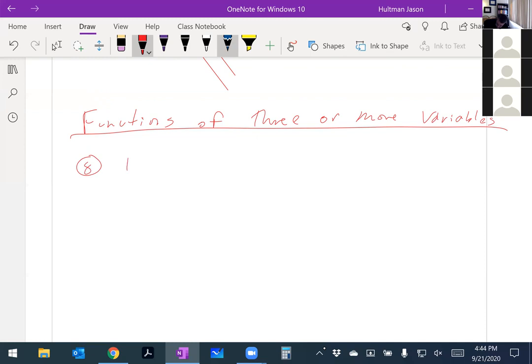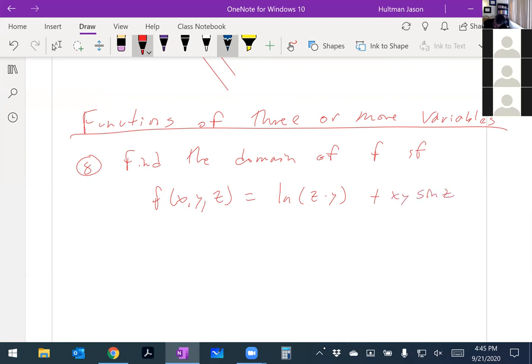Find the domain of f if f of x, y, z is equal to the natural log of z minus y plus xy sine z.